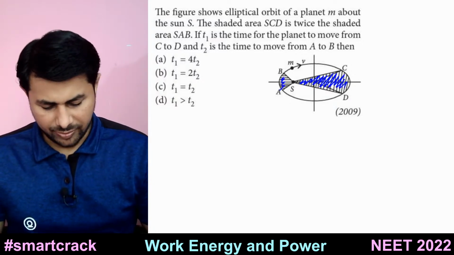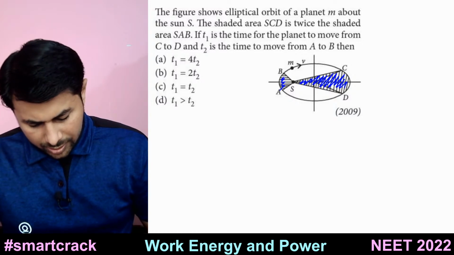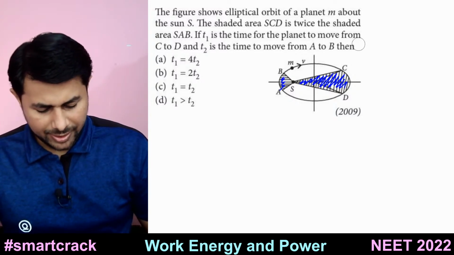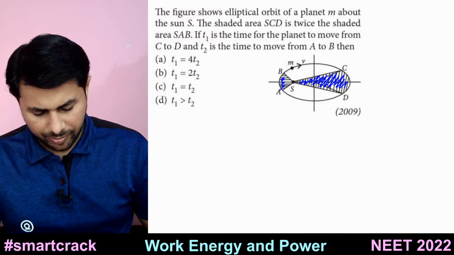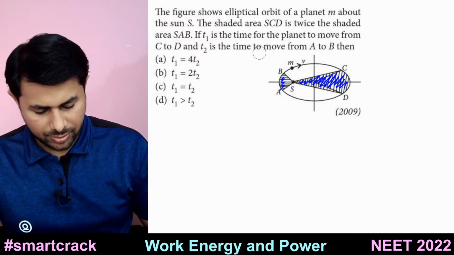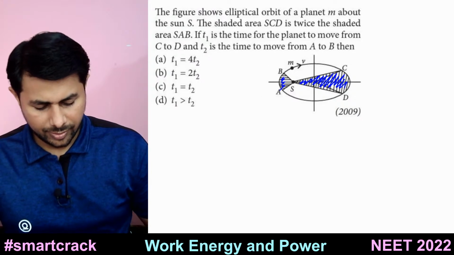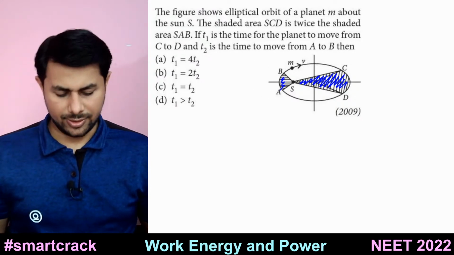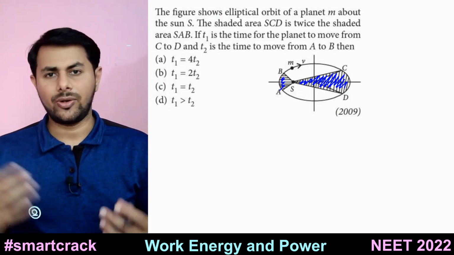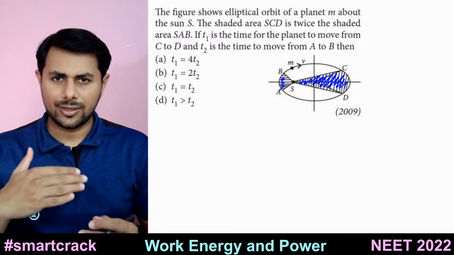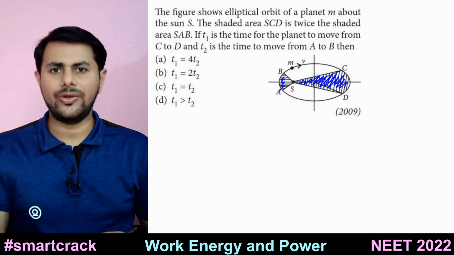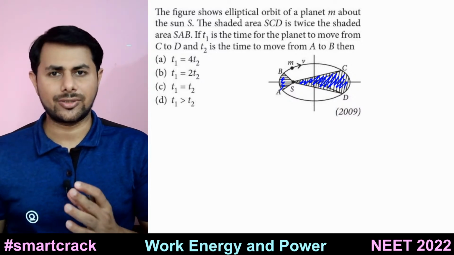This is given. So if T1 is the time for the planet to move from C to D, and T2 is the time to move from A to B, then what will be the relation? From the law of areas we can say that the planet covers equal areas in equal intervals of time.